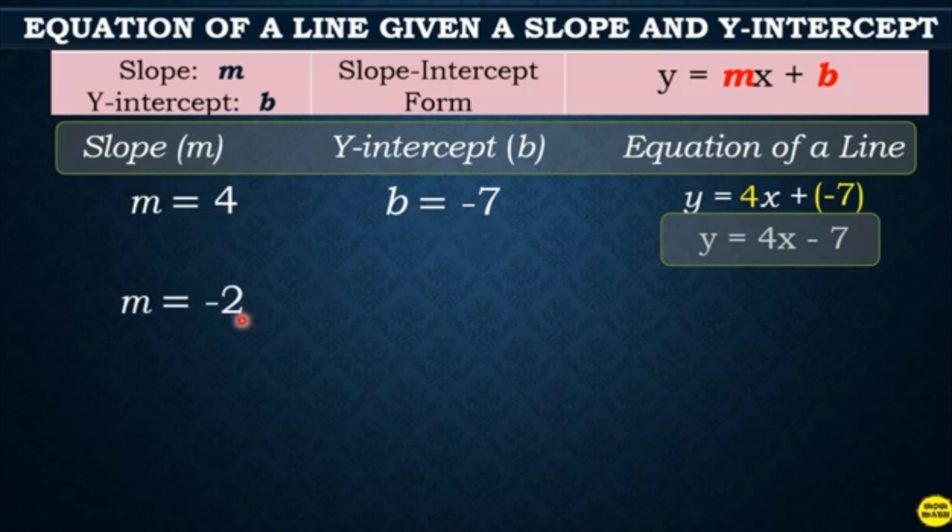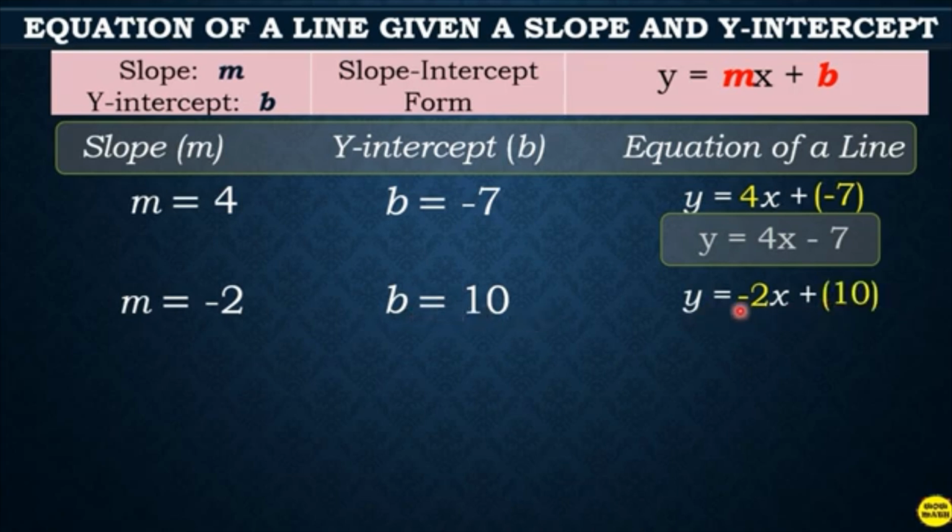Next, I have here slope, which is negative 2, and then your y-intercept, which is your b, is equal to 10. So, again, we will copy the formula or the slope-intercept form, y equals mx plus b. So, your m here is negative 2. Ito po siya. And then your y-intercept, which is your b, that is positive 10.